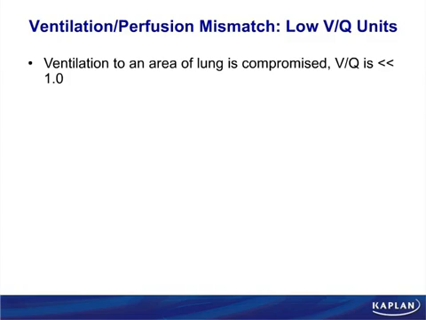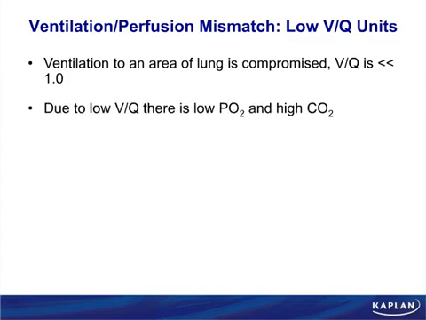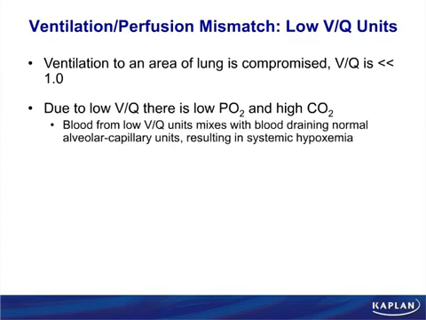There's still some ventilation there, but VQ is very, very low. So it's not an actual shunt, but it's going to kind of act like a shunt. Because remember, as VQ goes down, oxygen falls, CO2 rises. It's underventilated. This blood flow from low VQ units mixes in with the draining blood flow in the other areas, and that's what generates hypoxemia.